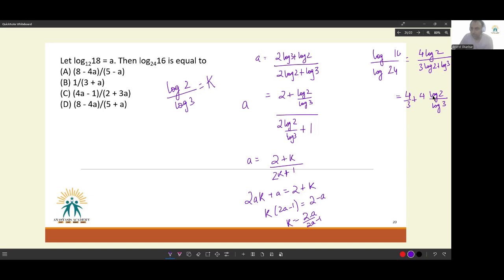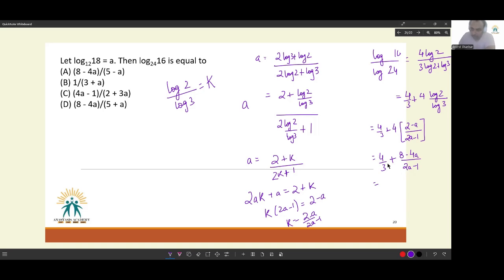I can simply replace it here, which will get me to 4 by 3 plus 4 times (2 minus a) upon (2a minus 1), or 4 by 3 plus (8 minus 4a) upon (2a minus 1).